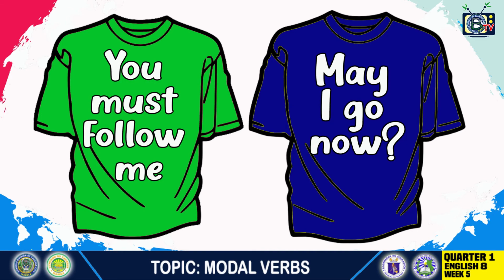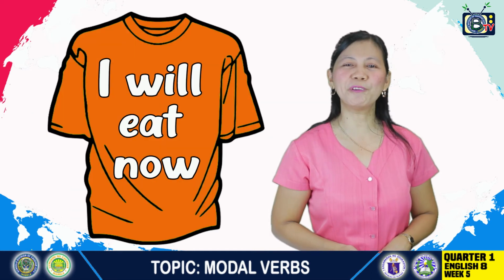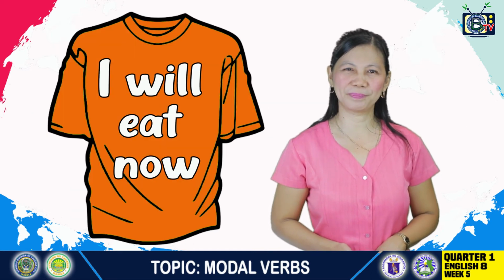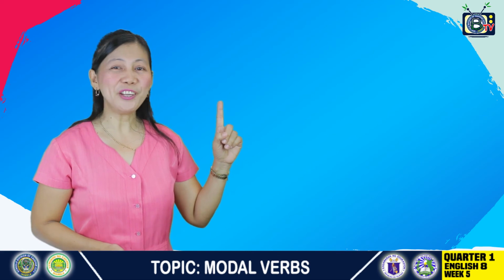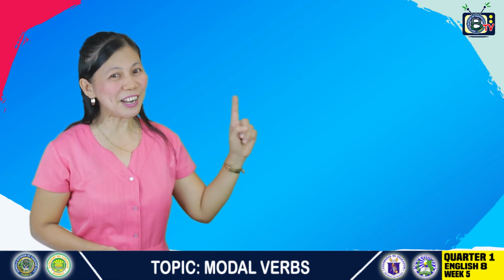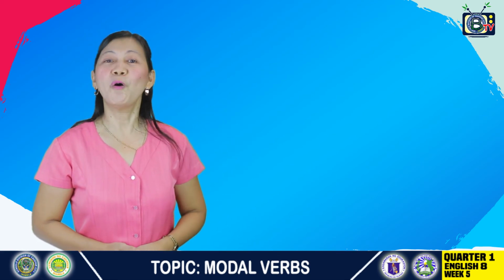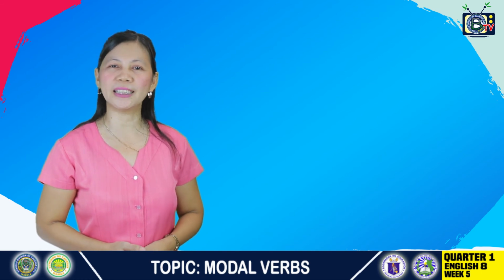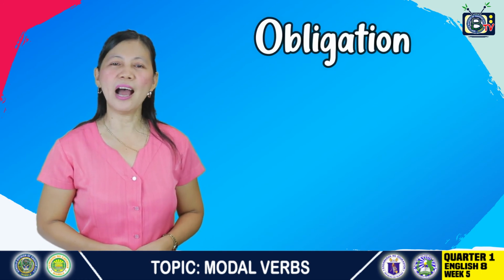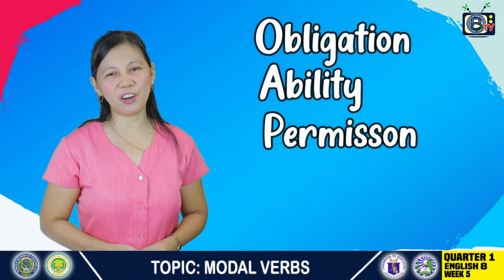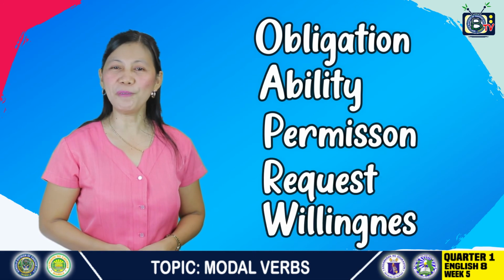You must follow me. May I go now? I will eat now. So you see, you may use the modal verbs even in your things. Which printed shirt expresses obligation, ability, permission, request, or willingness?